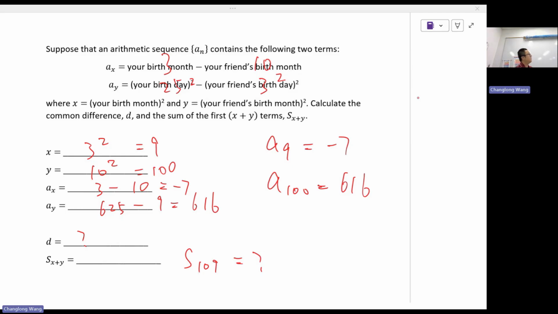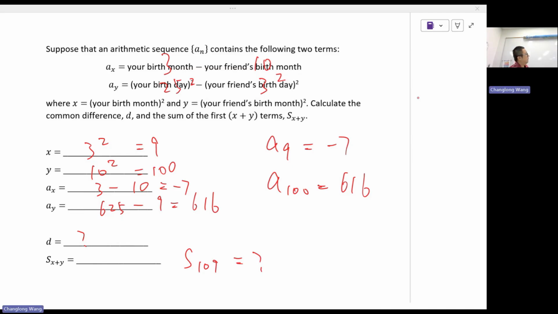All right, if any group has the answer, come to me. I'll check that for you. It's going to be hard to find the common difference, it's just not an integer.